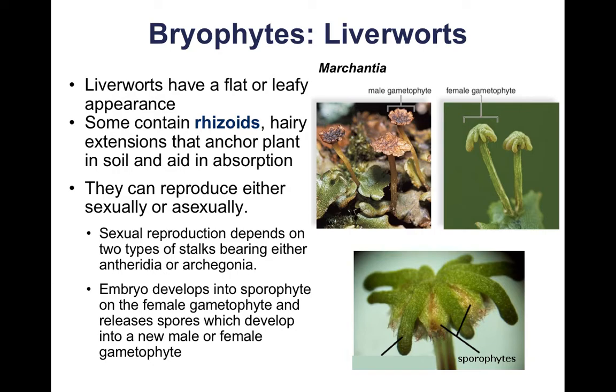Bryophytes and liverworts can reproduce either sexually or asexually. Sexual reproduction depends on the two types of stalks that will form. We have the male gametophyte and the female gametophyte here.